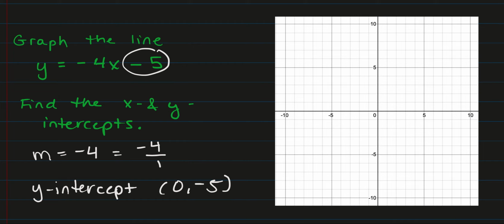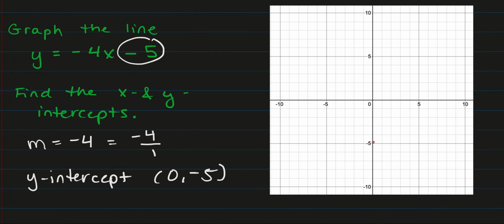So let's put a point at 0, -5, and then let's draw this line because we need to find the second point, and we can go down 4 and to the right 1. So 1, 2, 3, 4, and to the right 1. We only need 2 points. We could also go up 1, 2, 3, 4, and to the right 1.